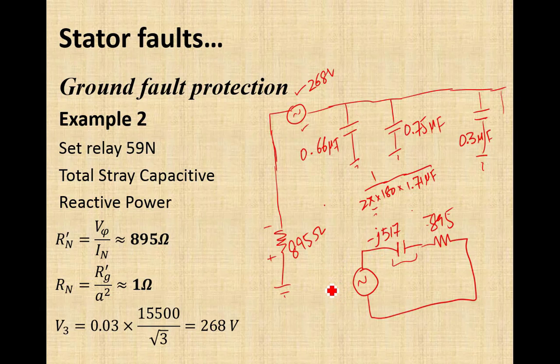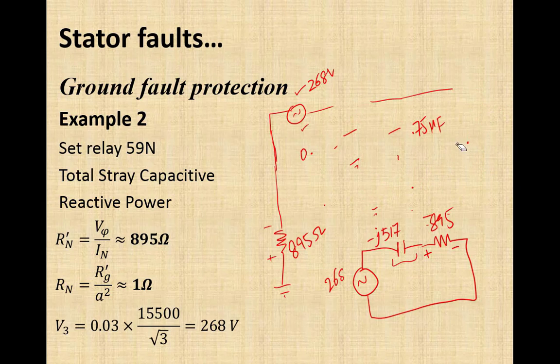So here this voltage is 268. Now we can apply the simple voltage division rule to find the voltage across this neutral resistance. That will be the voltage that appears across the primary of the grounding transformer. Let me write that formula here and then I will use the result directly.